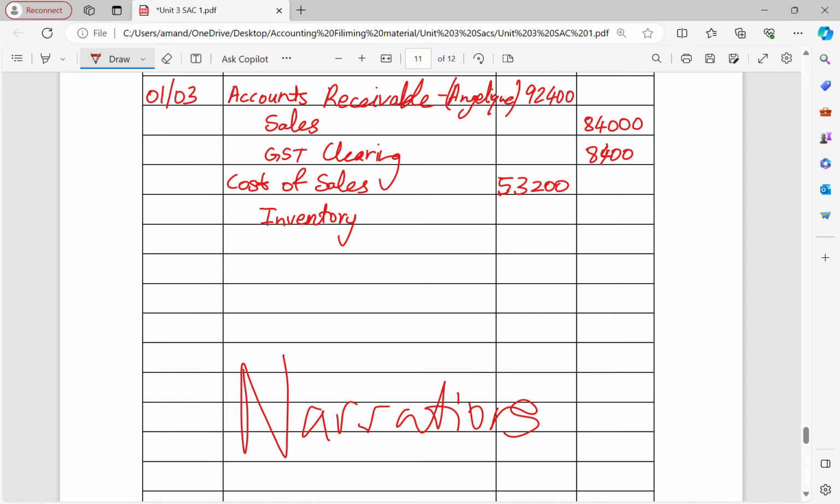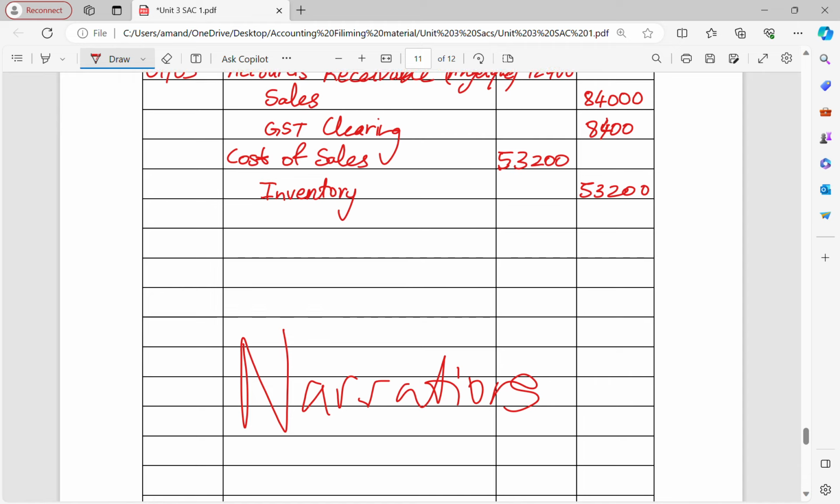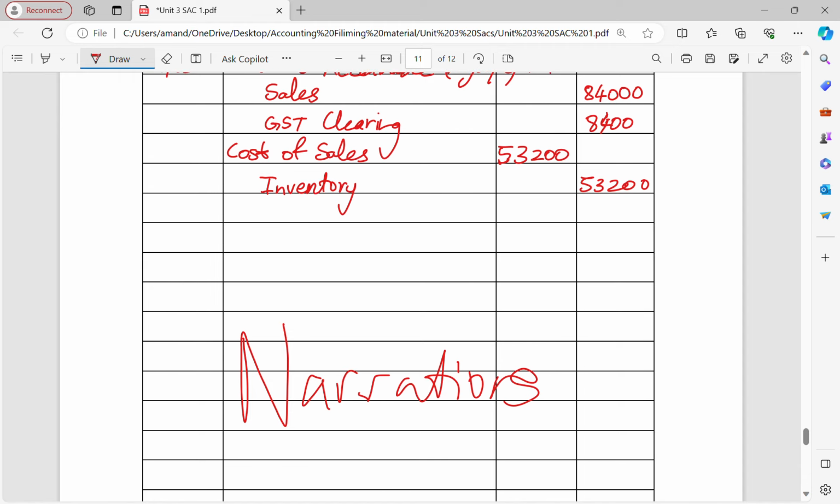Inventory, which is the same as cost of sales, but it's decreasing assets by 53,200. These are always the same. These two derive by dividing this by 1.1 to get this value, and this value times 0.1 to get this value. So you kind of just do it then. This is like a common table.